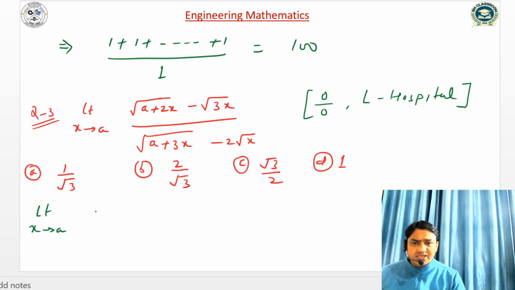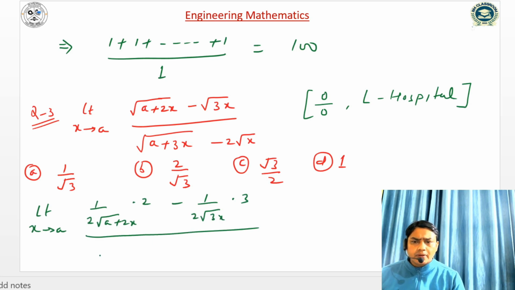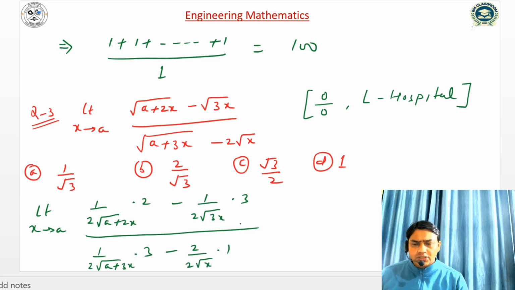So f dash x will be 1 by 2 square root of a plus 2x into 2, minus 1 by 2 square root of 3x into 3, divided by 1 by 2 square root of a plus 3x into 3, minus 2 divided by 2 square root of x into 1.